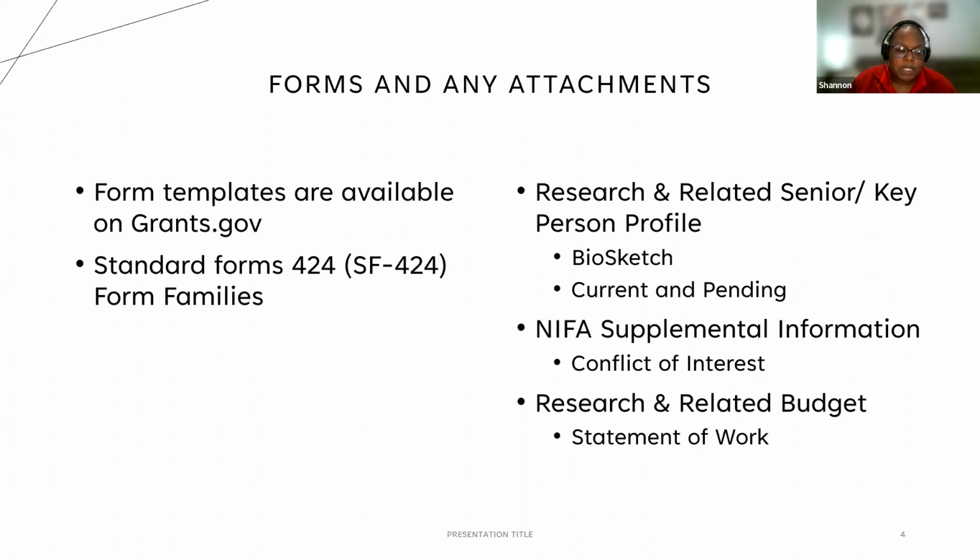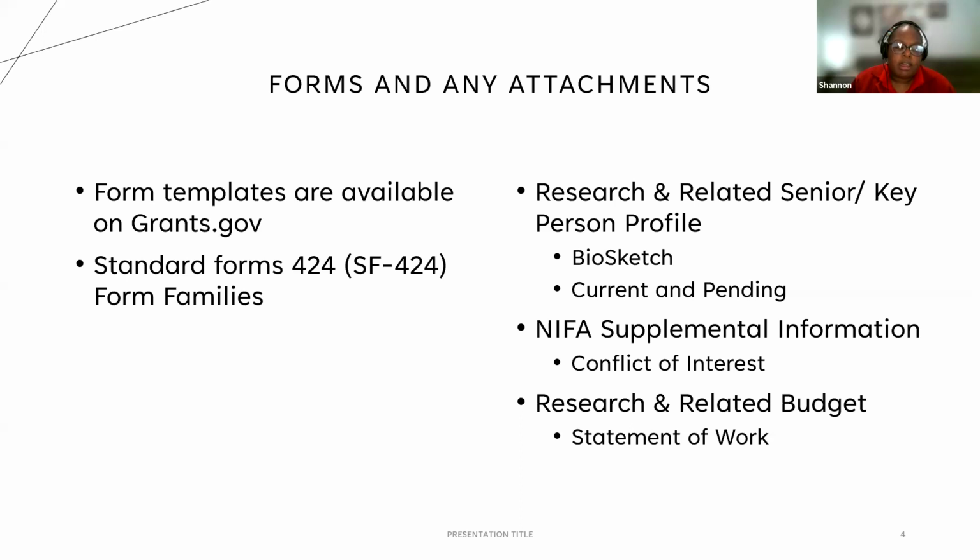For the forms that we'll be talking about today, there's a website that I'm going to put in the resource tab that has, number one, the research and related senior/key personnel profile expanded, and that's your biosketch and current and pending.